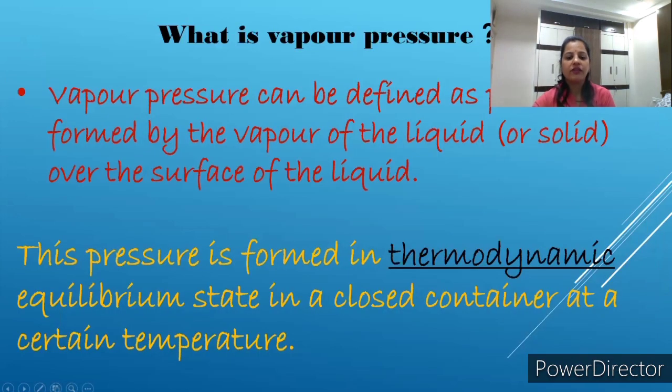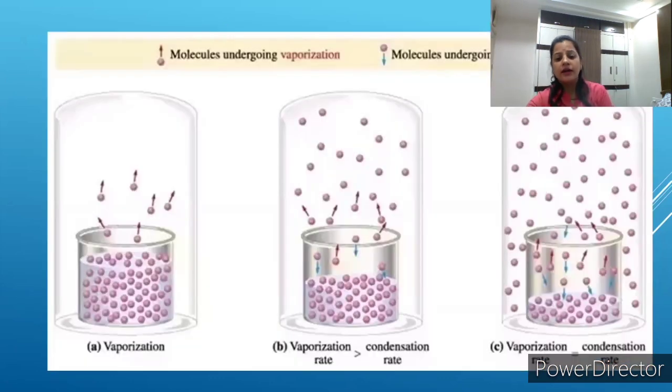In the second point, we have said that this pressure is formed in thermodynamic equilibrium state in a closed container at a certain temperature. Now let us break down this word thermodynamic. Thermodynamic can be broken down as thermal and dynamic. First, let us understand what we mean by dynamic equilibrium. Initially, when the molecules from this water are getting evaporated, the rate of evaporation will be higher, meaning the rate of conversion of molecules into the gaseous phase will be higher.